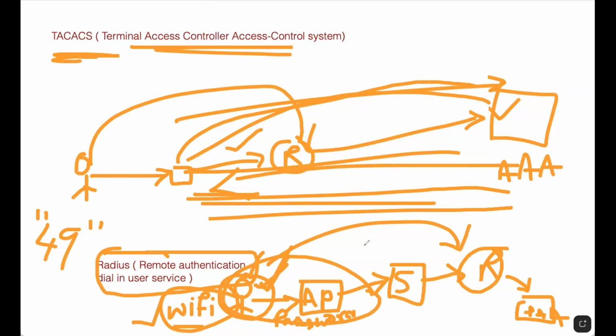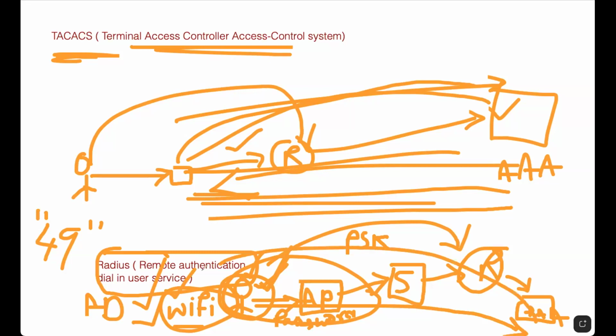Let's say in your home Wi-Fi, you are using just a pre-shared key. There will be a password, and once a user enters the password, they will be given access. But in an organization's SSID, they can have AD, right? The user will have an Active Directory username and password. Once they enter it, it will be sent to the AAA server, which validates them and sends the response back whether they are eligible to access the Wi-Fi or not.